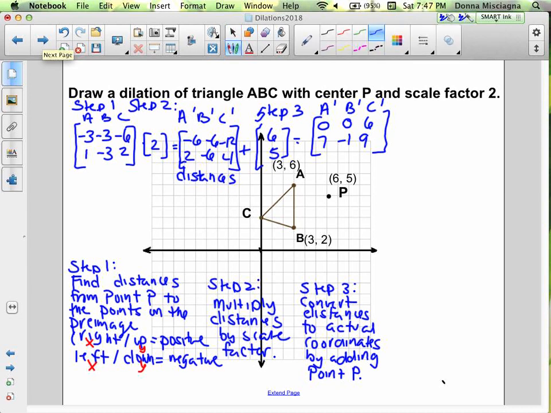All right, so now step 4 is graph. And we'll graph the actual coordinates. And then I'll just put in a step 5. This one's optional. And we'll do it on this one.